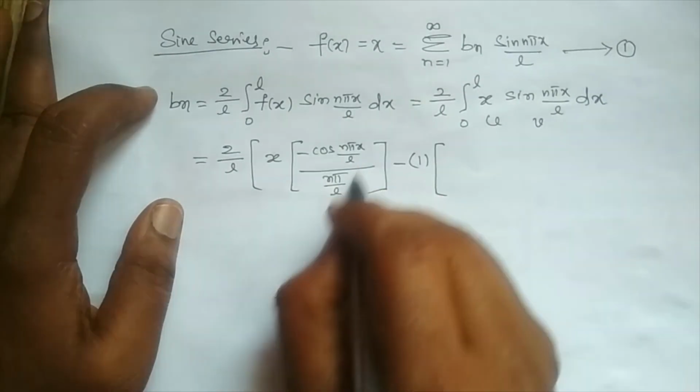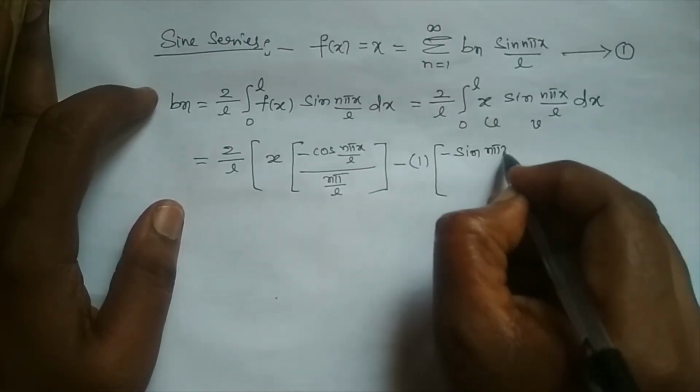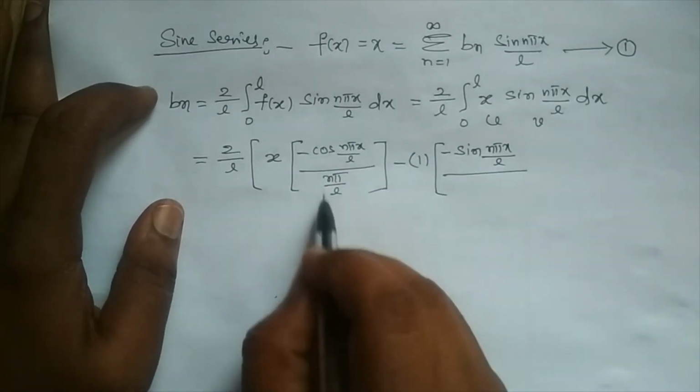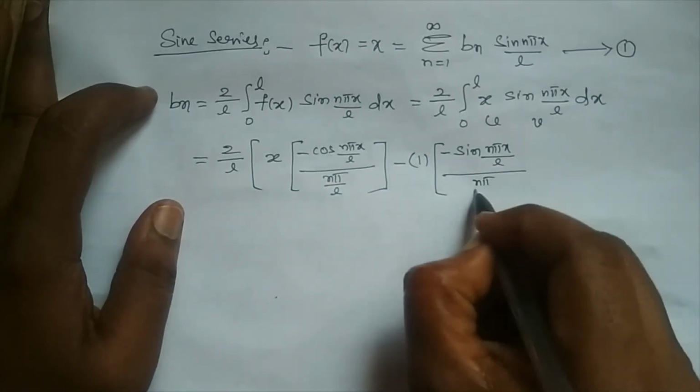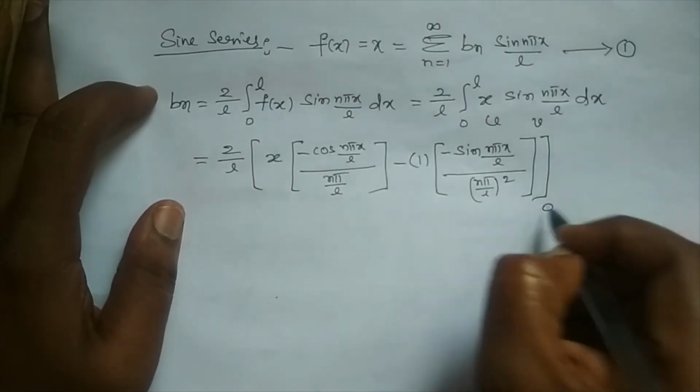Again integration of this one is minus, as it is, sin n pi x by L divided by n pi by L, and again one time is already there, so n pi by L whole square. Next term will be 0.